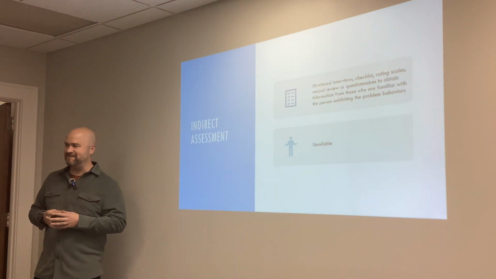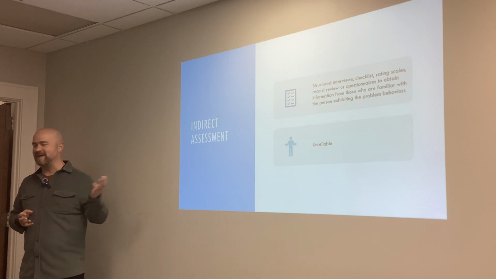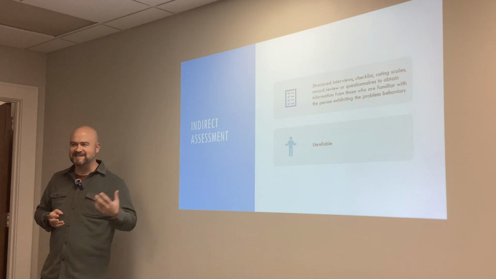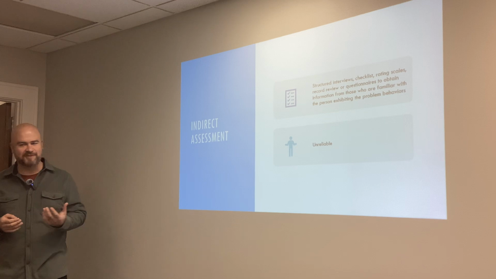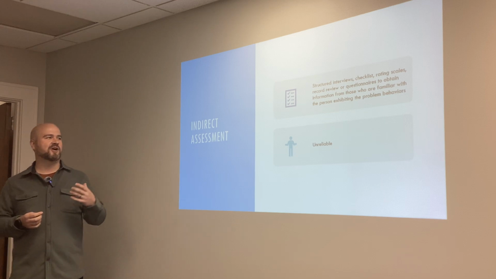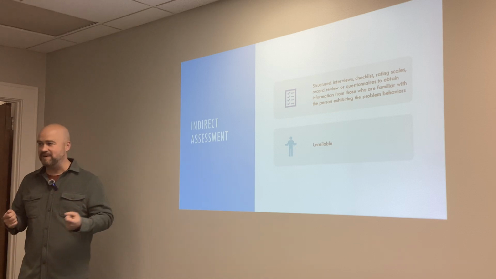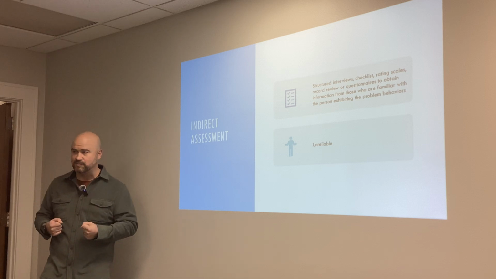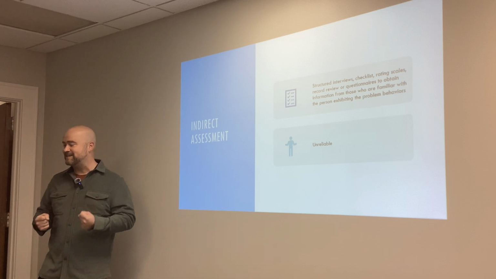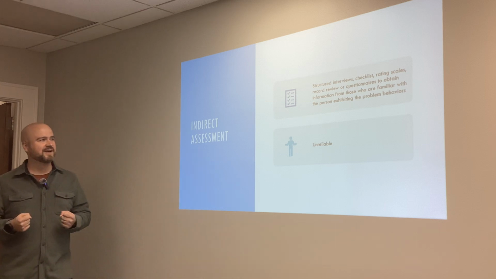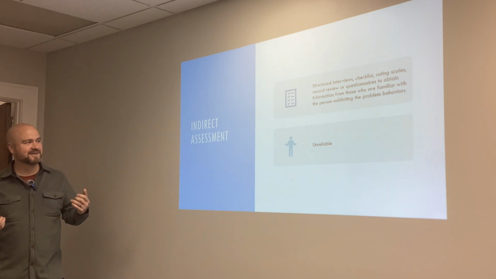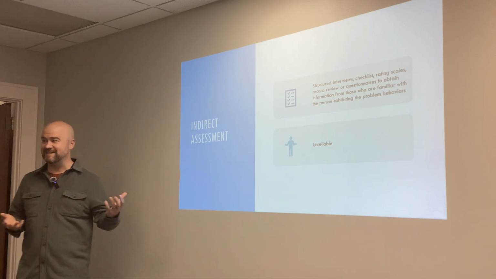So the first thing we want to do is conduct an indirect assessment. An indirect assessment is just our structured interview forms, our checklists, our rating scales, our record reviews. So when we're getting ISPs, reviewing ISPs, that is part of an indirect assessment. Questionnaires, and even just talking to someone.